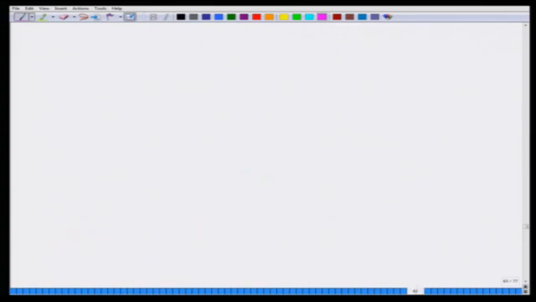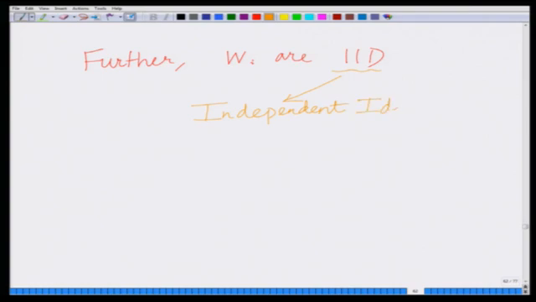Further, we are going to assume that the different noise elements, a standard assumption is that different noise elements, that is Wi, are IID, that is, these different noise elements are independent and identically distributed.